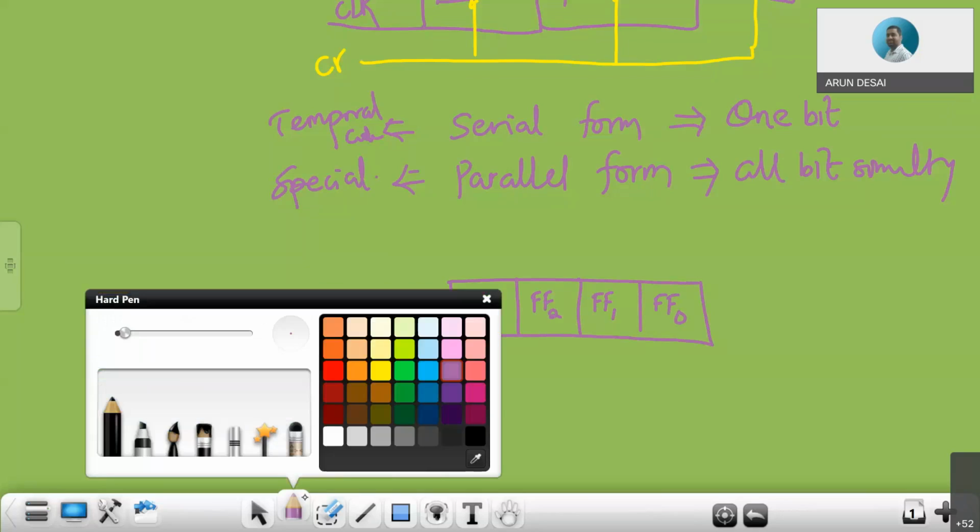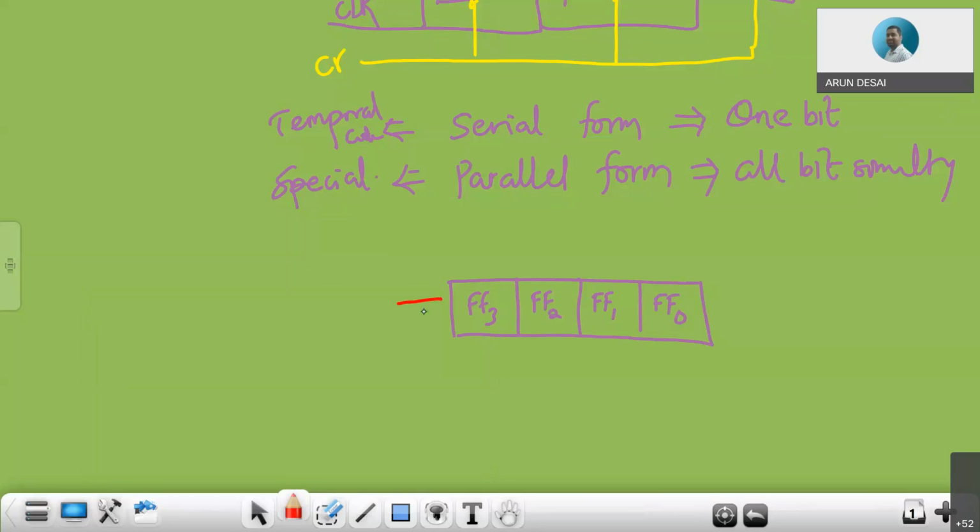In that case, you can serially input data as well as serially get out that data, right? This is one way. This is called serial in and serial out. You can also have serial in and parallel out, right?